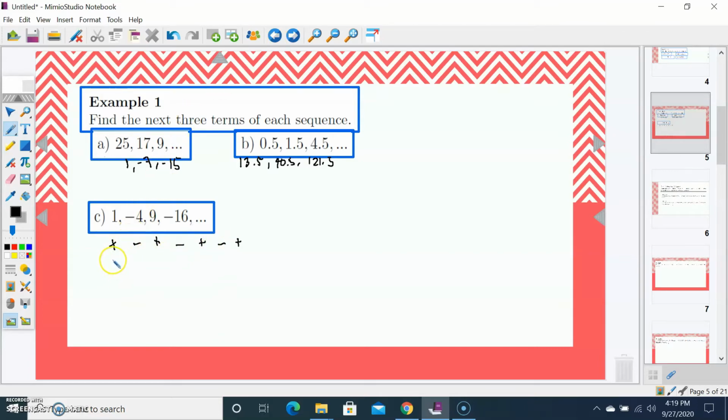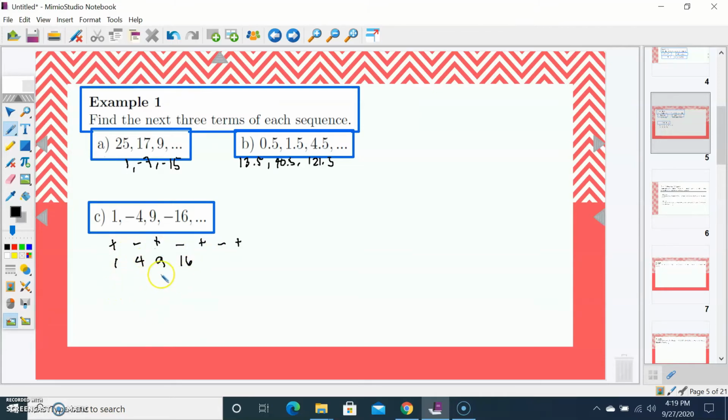If you take a look at the numbers in this sequence, isn't this familiar? We just eliminate the sign first, but we must first consider the numbers here. So we have 1, 4, 9, and then 16. Isn't this familiar?